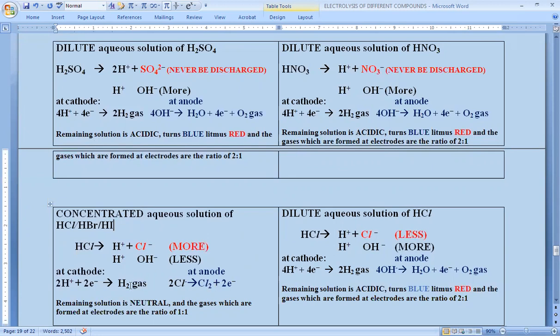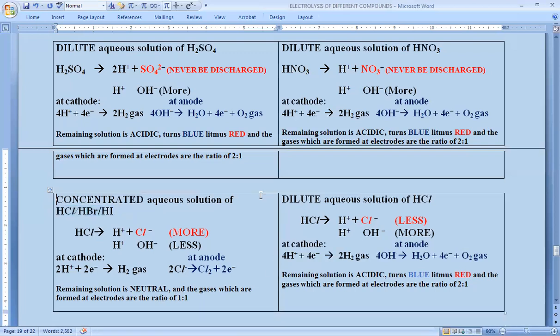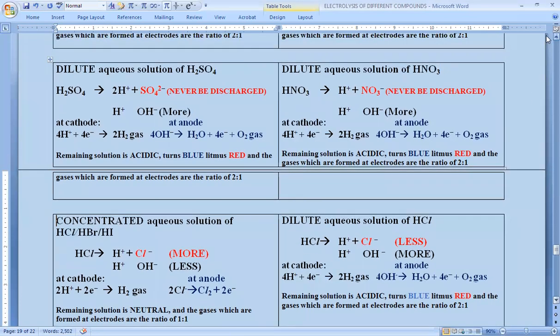But the ratio of these gases remains 1:1, and the resulting solution is neutral. Even though acid is dissolved in water, when the current is passed through the concentrated aqueous solution of these acids, not sulfuric, not nitric, the resulting remaining solution is neutral and the ratio of gases is 1:1. But for the dilute aqueous solution of HCl, you can consider the same result as above.